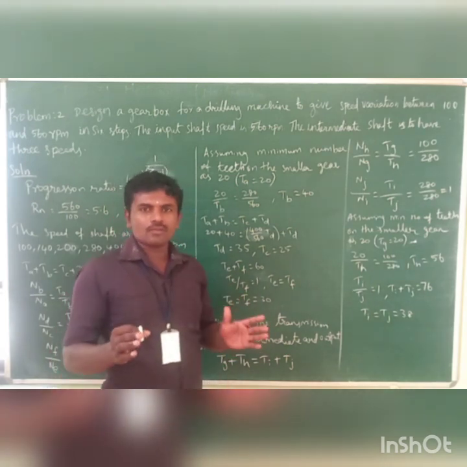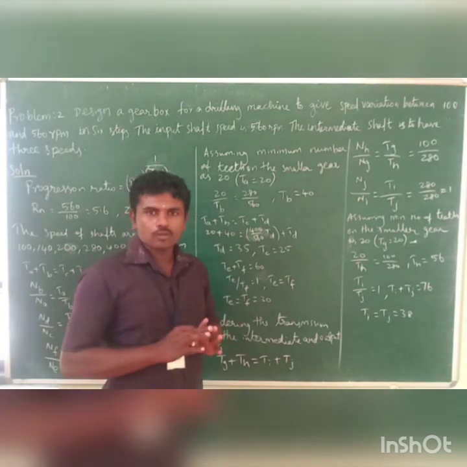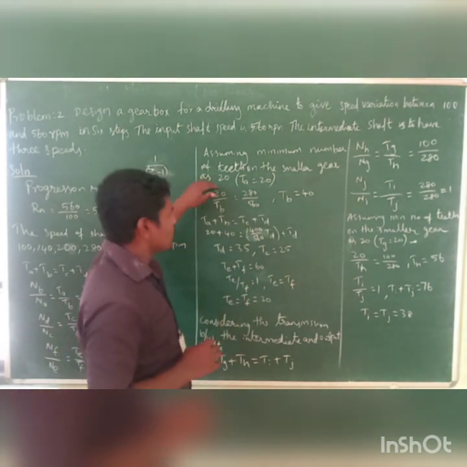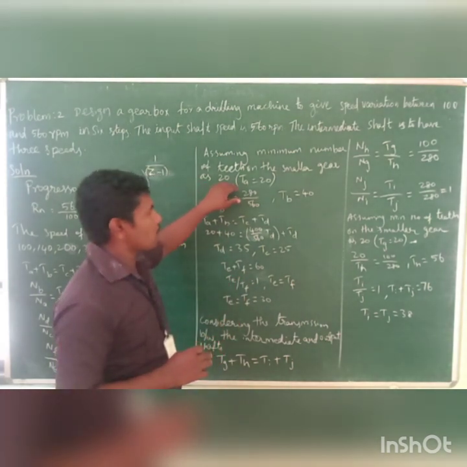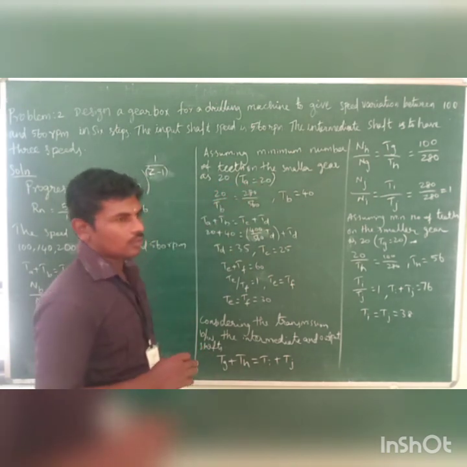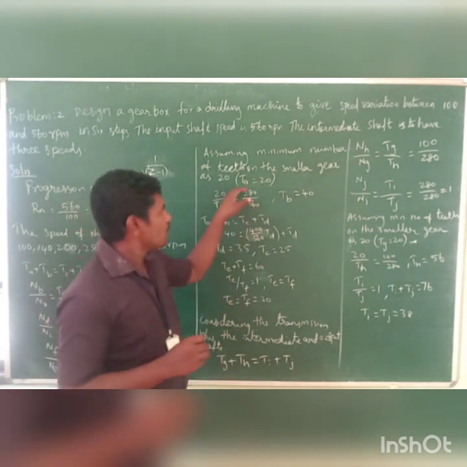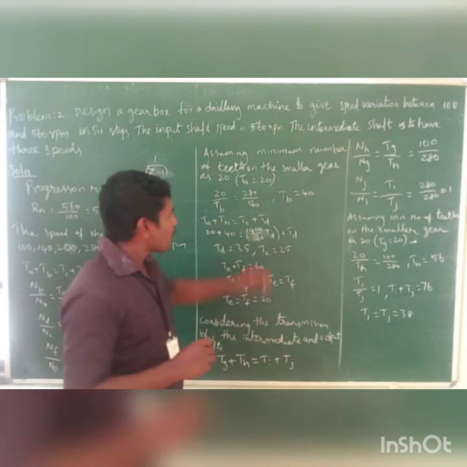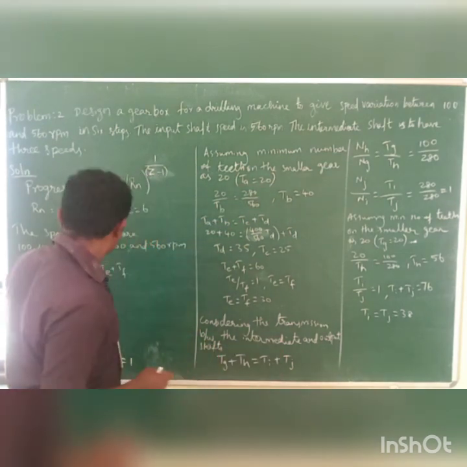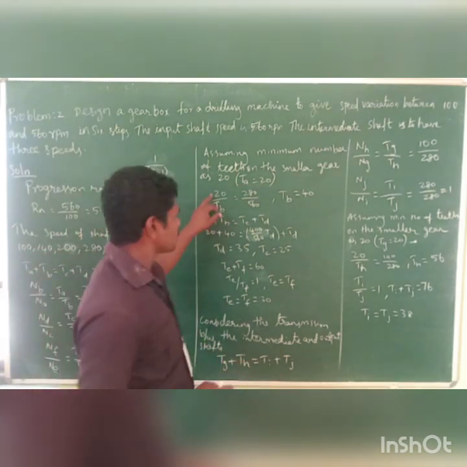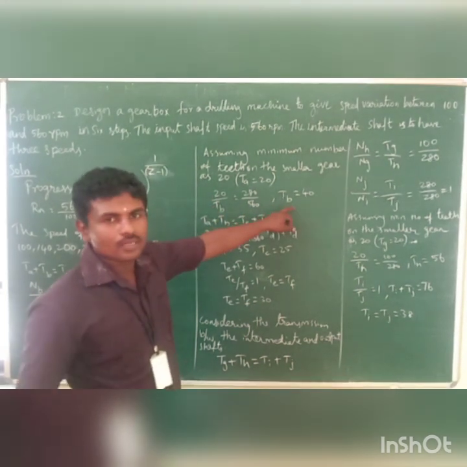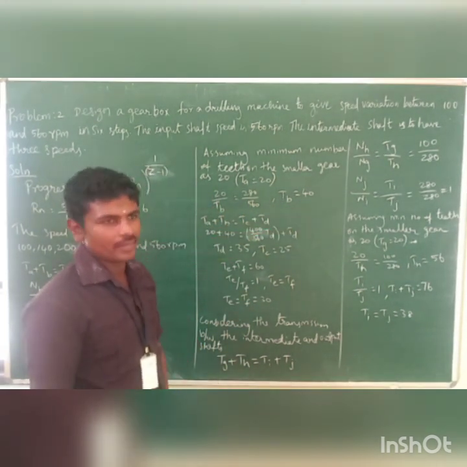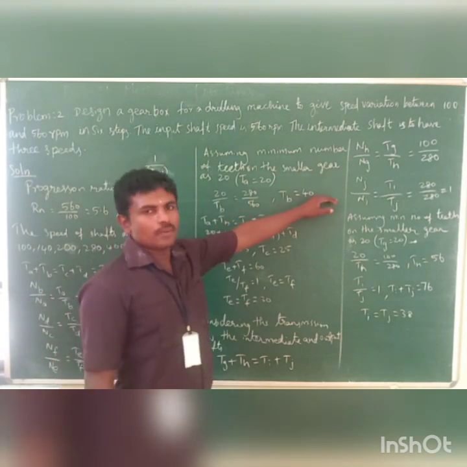Suppose they don't, then we need to assume. That is the input gear, so TA equal to 20. I substitute that value in the first equation and find the number of teeth B. The value will be 40.